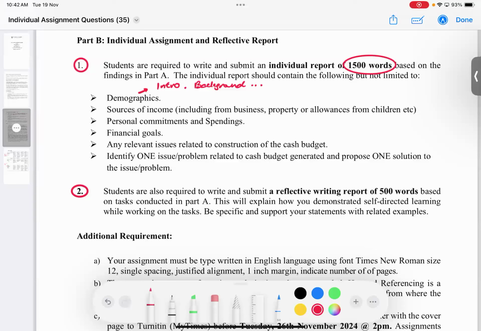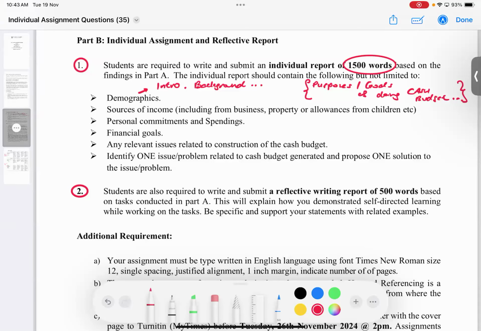Then you can briefly talk about why it is relevant to build a cash flow for this person. Later on, you can add the purpose or goals of doing the cash budget for the person here as well to make it better.